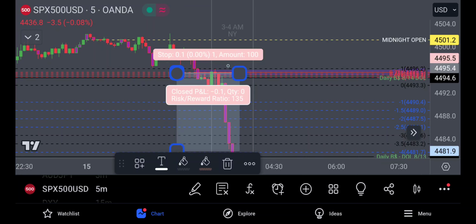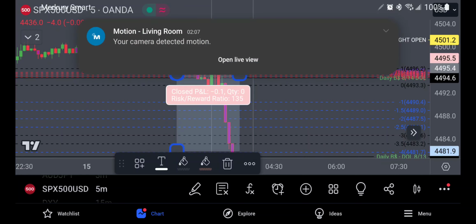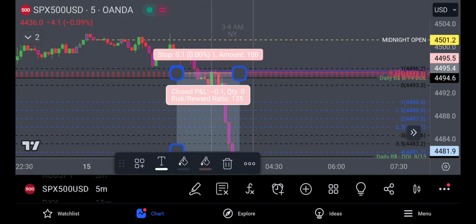If price does come back against me, I've just made about 25% of what I went into the trade with, which is half of 1% of my account. That's how I do mine. I don't risk 1% or anything like that. My lot size is always half of 1% of my trading account.